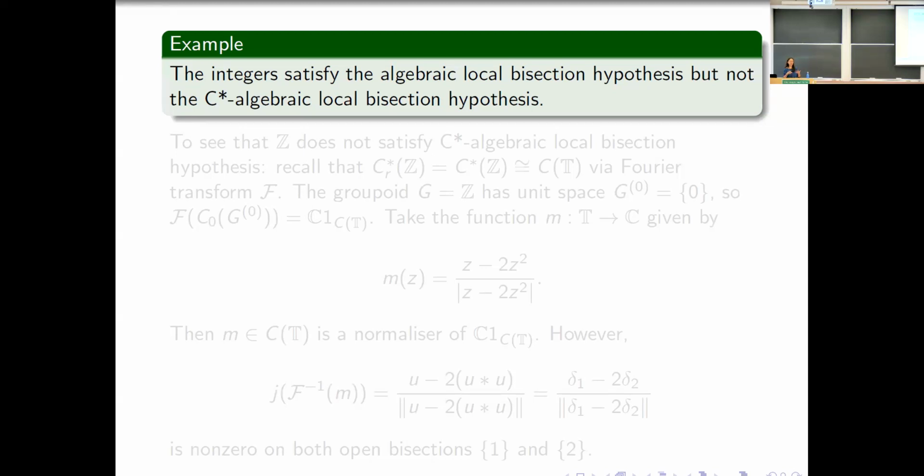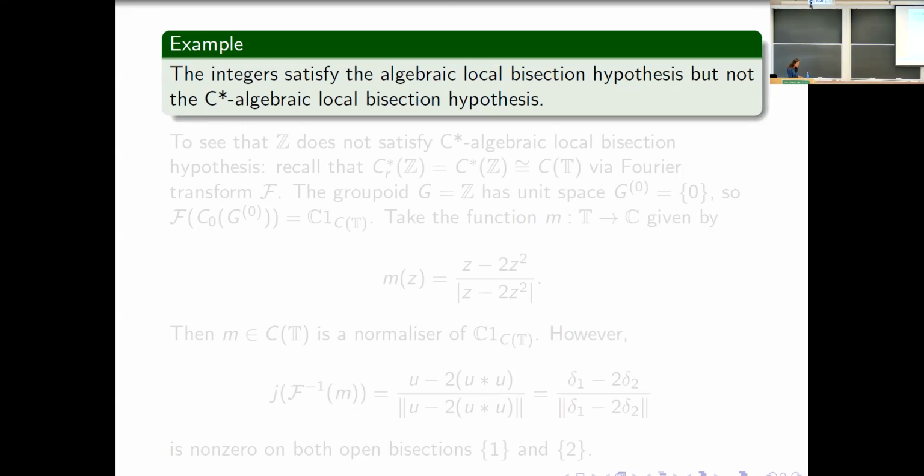So I claim that we can define a weaker version of the Cartan subalgebra in the algebraic setup once the local bisection hypothesis is satisfied. But what we are going to see is that this weaker version only exists in the algebraic setup. When we move back to the C-star setup, this weaker version doesn't give anything new.